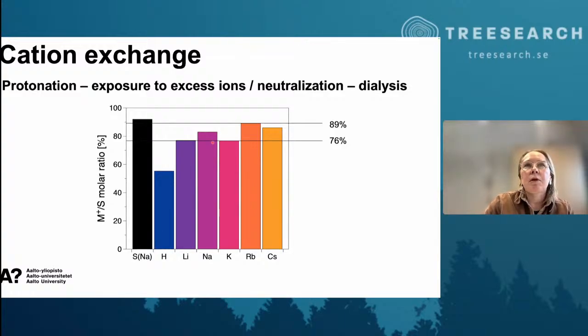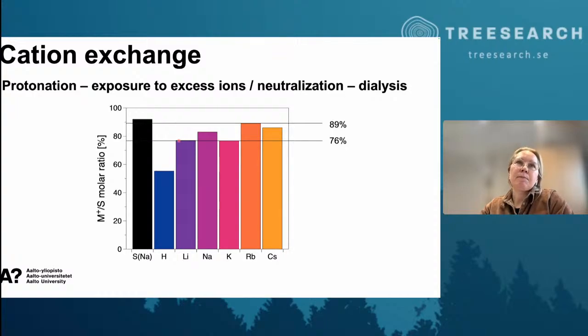Something to note is that when we do the protonation, we still have quite a lot of the sodium that we start with left. So the protonation is difficult to achieve fully with this system. Our starting material is in the sodium form, and when we exchange back to the sodium form, we almost get to a similar level as in the starting material.